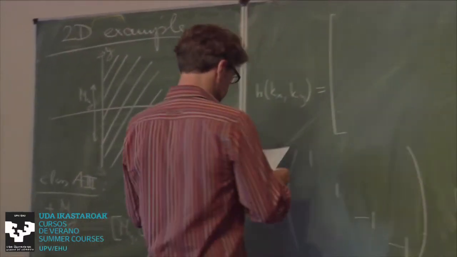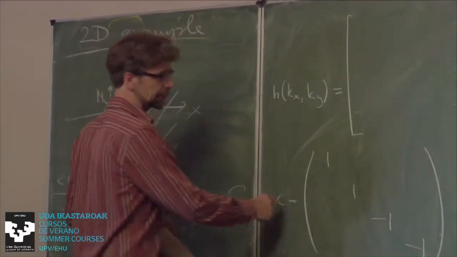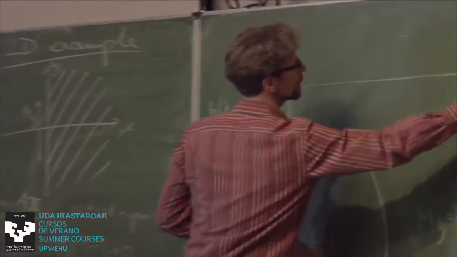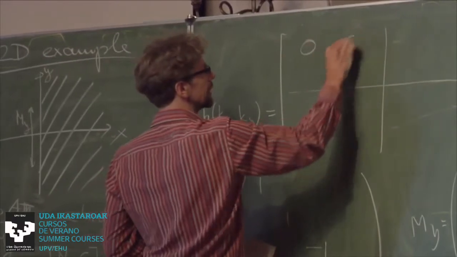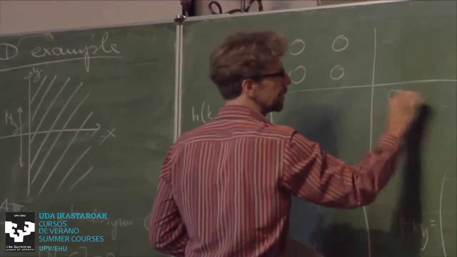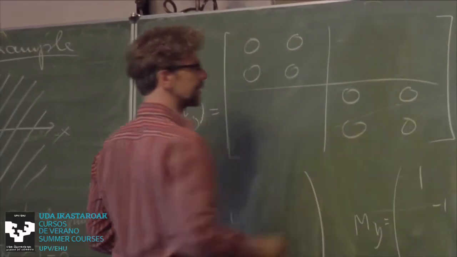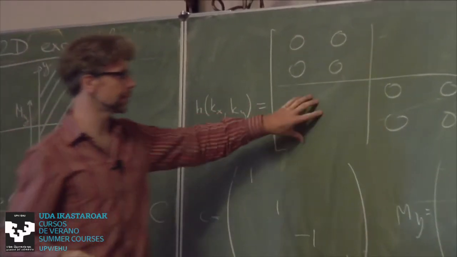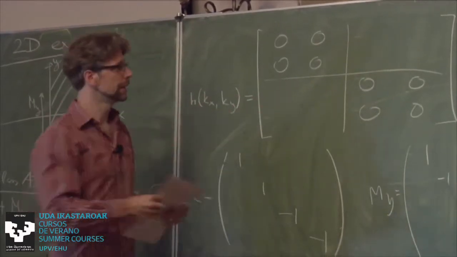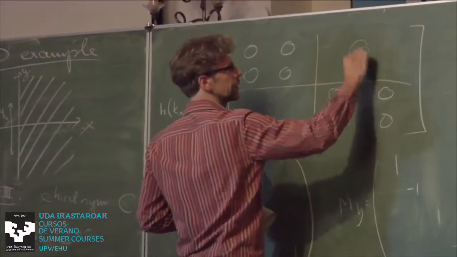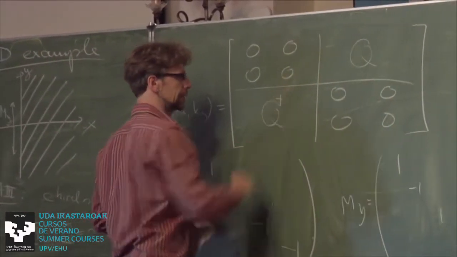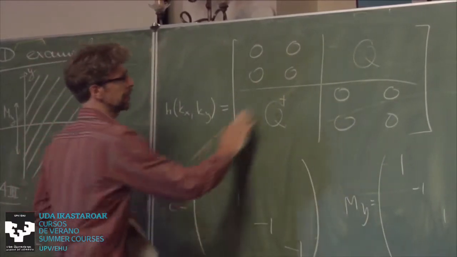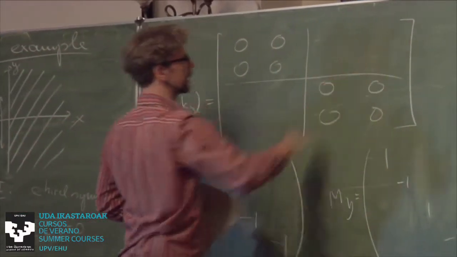Now, for this chiral symmetry to be a symmetry of the Hamiltonian, the first thing I notice is that all these entries here have to be 0. So these chiral symmetric Hamiltonians, in the basis where the chiral symmetry looks like that, always have this block off-diagonal form. There's some matrix here, Q, and here is Q dagger. That's the typical form.